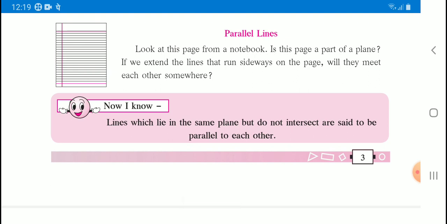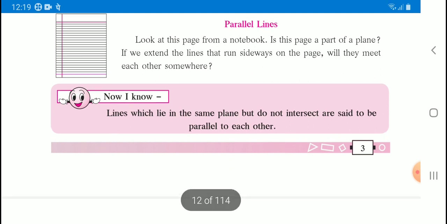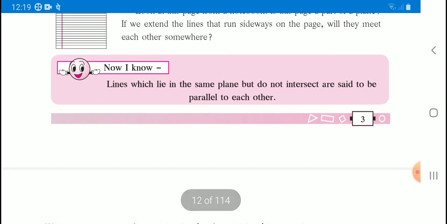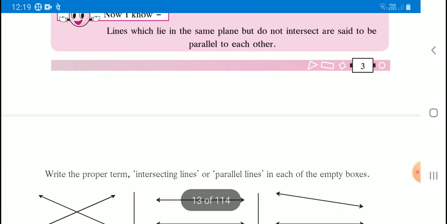If we extend these lines, they will not meet at all. So, these lines are known as parallel lines. By this, we can make the definition of parallel lines as lines which lie in the same plane but do not intersect are said to be parallel to each other.